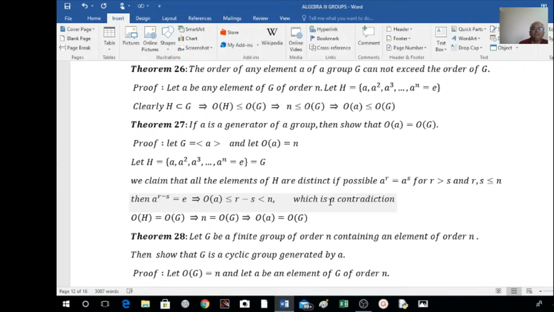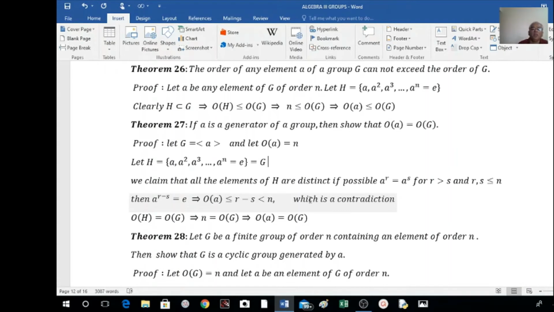This is a contradiction, because n is the least positive integer such that A raised to n equals E. If n minus 1, n minus 2, n minus 3 were such exponents, then A to the power of n minus 1, n minus 2 or n minus 3 cannot be E. So here I am getting A to that power equal to E where the power is less than n, which is not possible. That is a contradiction.